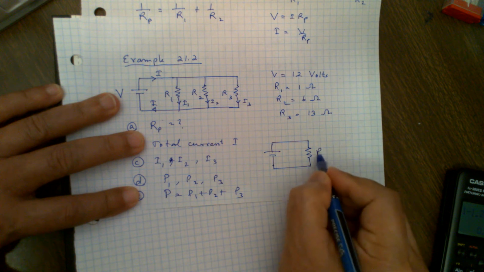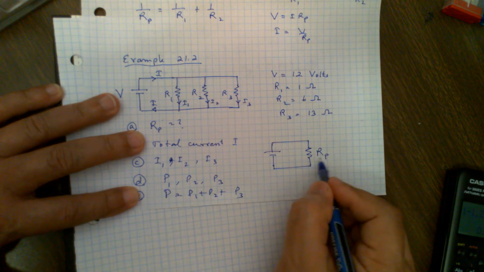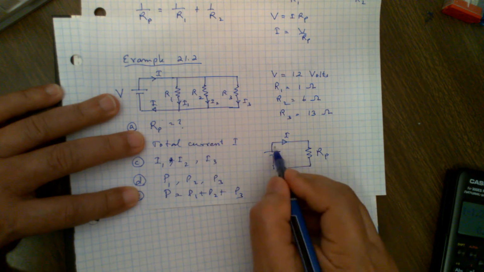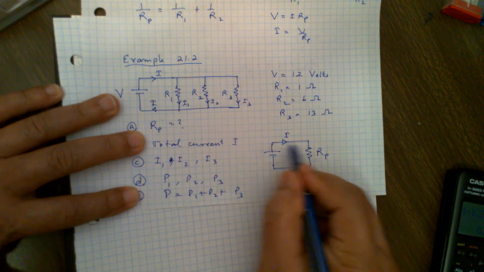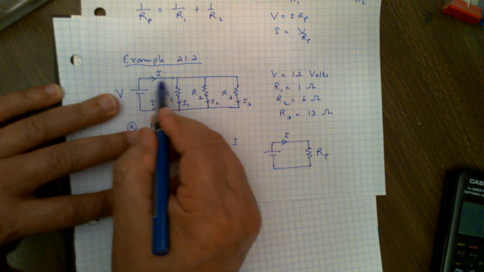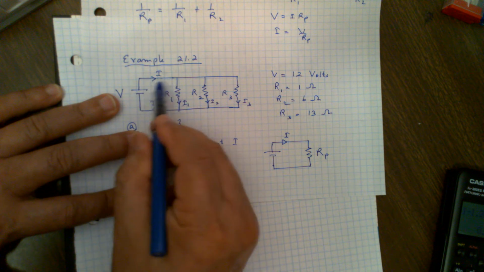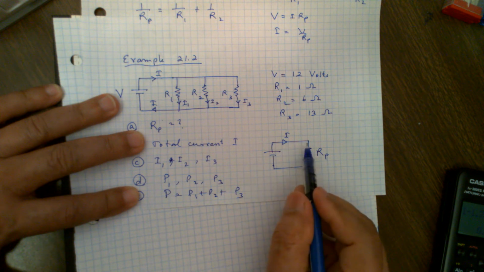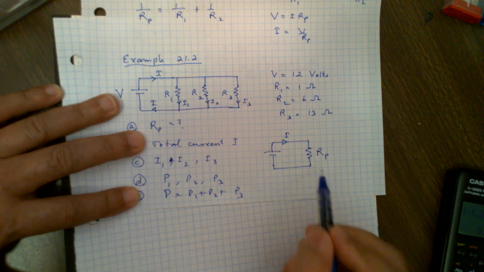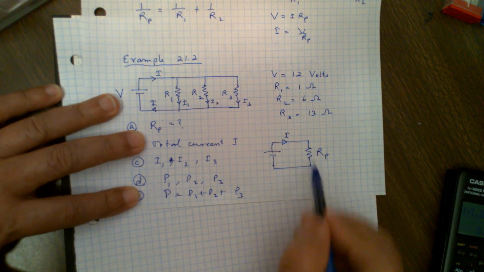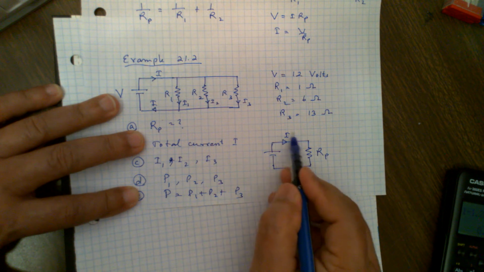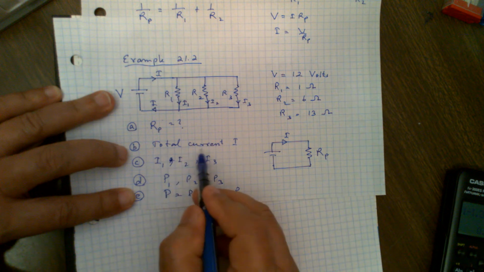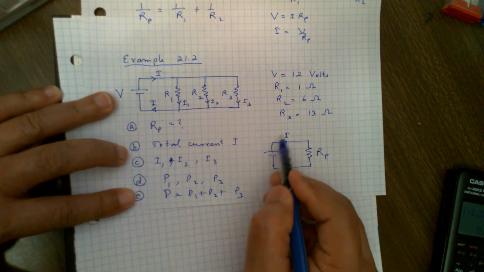And that's what Rp is, the equivalent resistor. Now the current will be flowing, here is I, so that's the total current flowing in the circuit. Although here in this figure they branch out. In this figure, because you draw only one equivalent resistance, they don't have to split, right? And I want to find this I, right? So part B is to find the total current I, meaning this I, right?